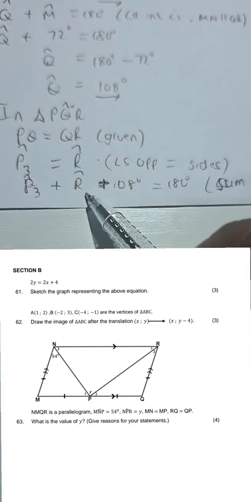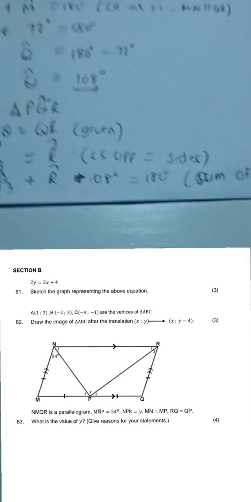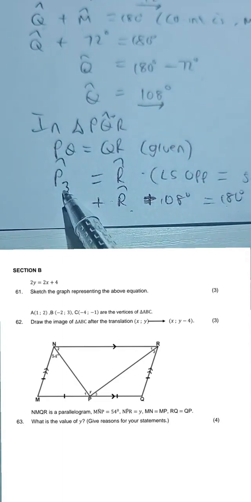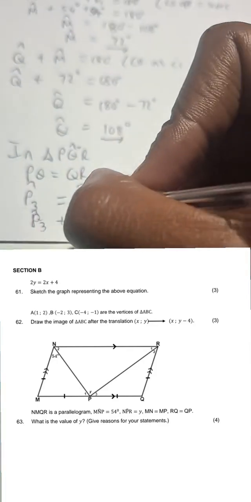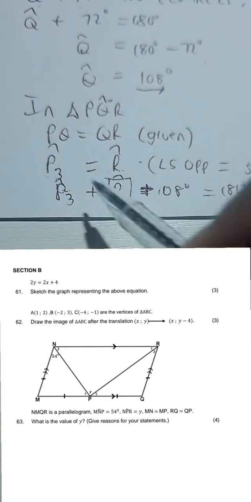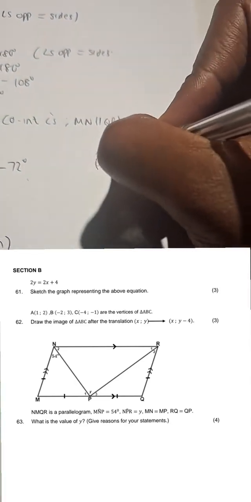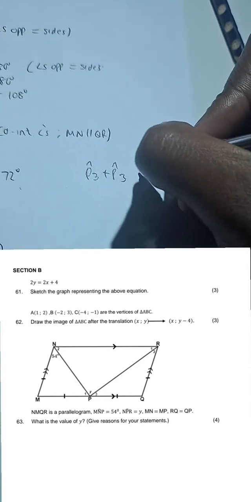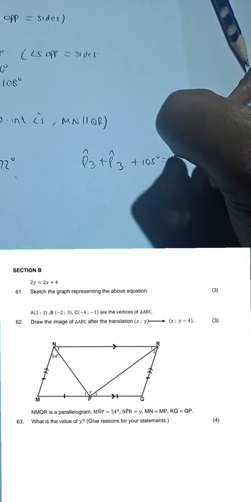Angle P3 plus angle R plus angle 108 is equal to 180 degrees, sum of angles in a triangle. But now, I already established that angle P3 is equal to R. So that means I can replace angle R with P3 as well. So I can say angle P3 plus angle P3 plus 108 is equal to 180.